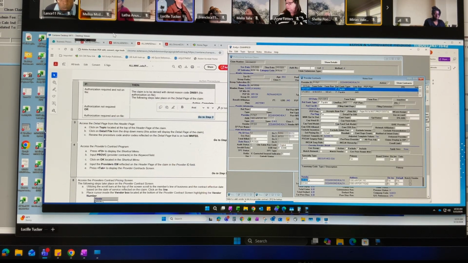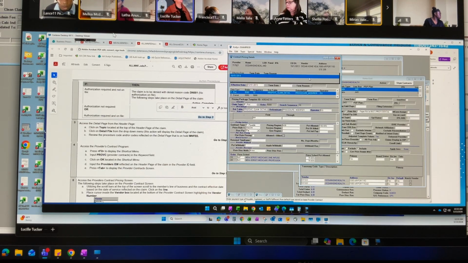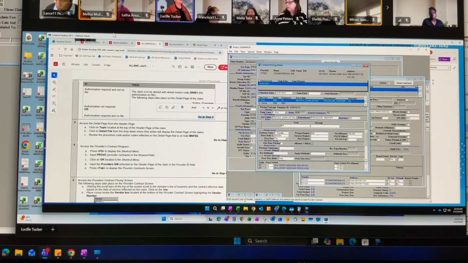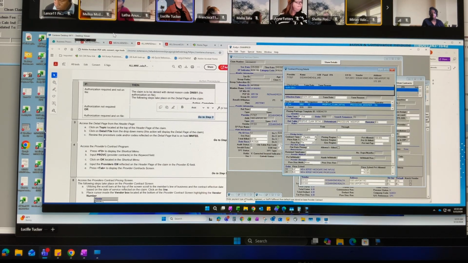So I'm going to highlight that vendor and do my Control D to get to my pricing and adjudication details, which confirmed what I already knew, is that for the 5,010 sequence, I'm going to pay it $570 for my fee schedule, okay?